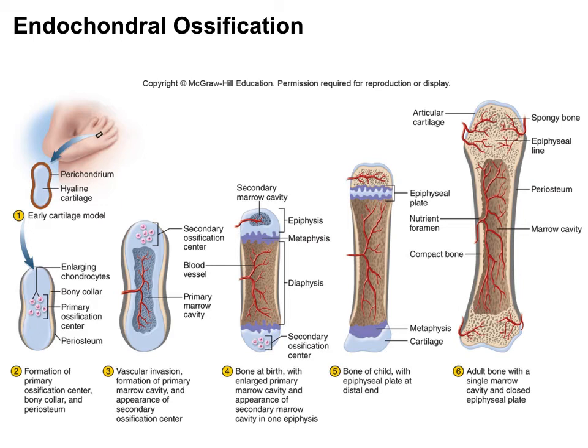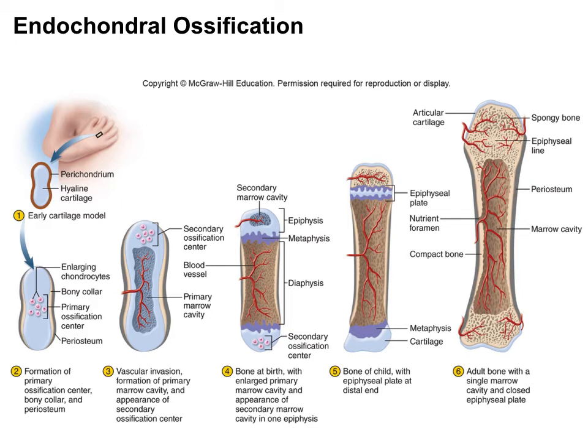Now, all that is remaining of your cartilage model at birth and into your mature life are the epiphyseal plates. The epiphyseal plates that you have in your long bones up to and including puberty are remnants of this cartilage model.